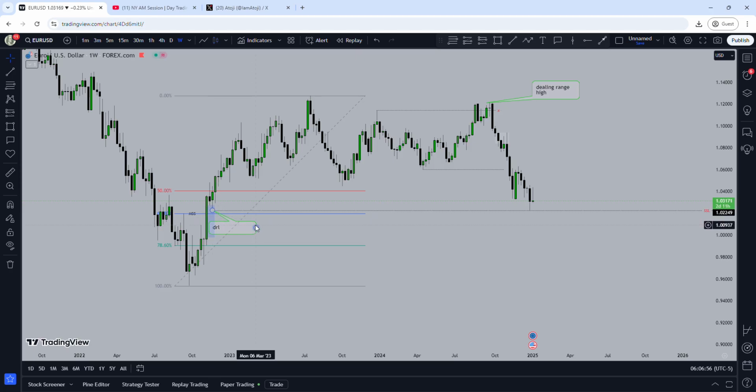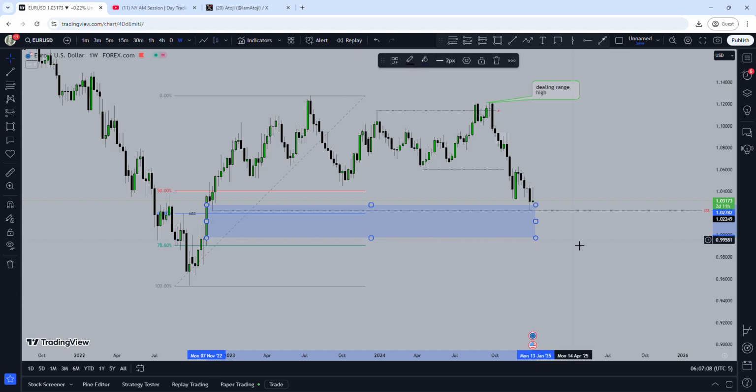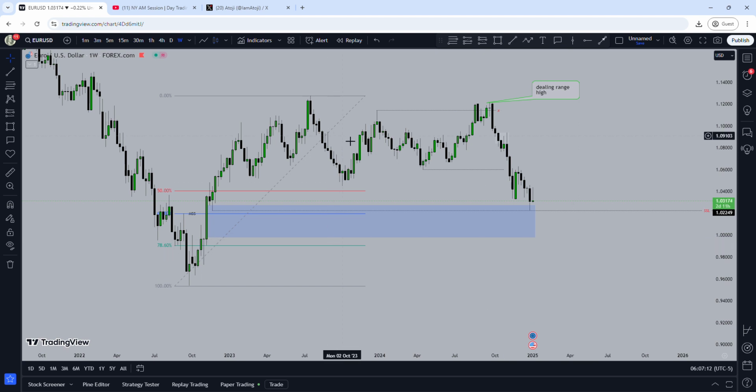So this FVG, let me take out this DRL I marked. This FVG is below our 50%, so we're expecting price to what? Mitigate.